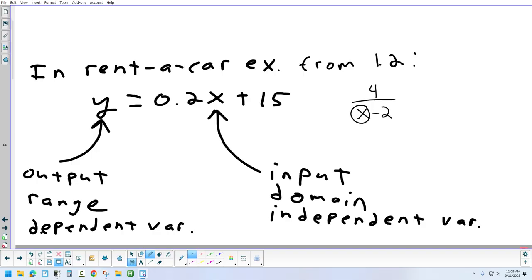So that's one type of problem that you have to be careful about with domain. You never want to plug in a number that causes you to divide by 0. Okay? And there's one other one. Square roots. If I ask you for the domain of a function like that, we want to make sure that we never take the square root of a negative number.